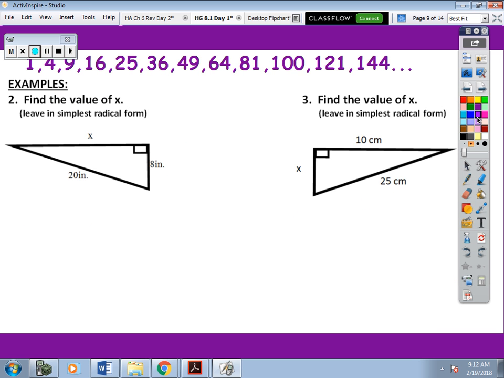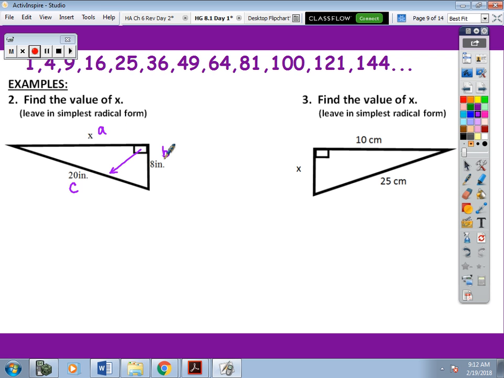Alright, which sides are my legs and which is my hypotenuse in example 2? What are the legs and what is the hypotenuse? Right, the hypotenuse is 20. Good. The hypotenuse is 20. So don't always think it's the top side. It could be the bottom side if the triangle has been flipped around. So A and B don't matter which one is which.